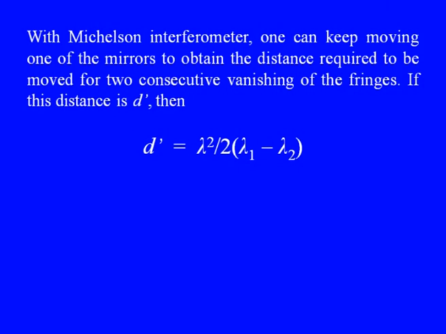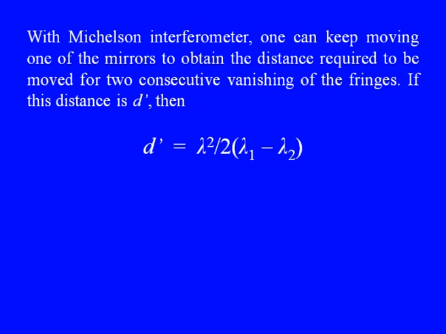You keep moving one of the mirrors. A situation will come when the fringes will appear again. Continue to move the mirror. Again a situation will come when maximum of one wavelength falls over the minimum of the other and the fringe pattern vanishes.